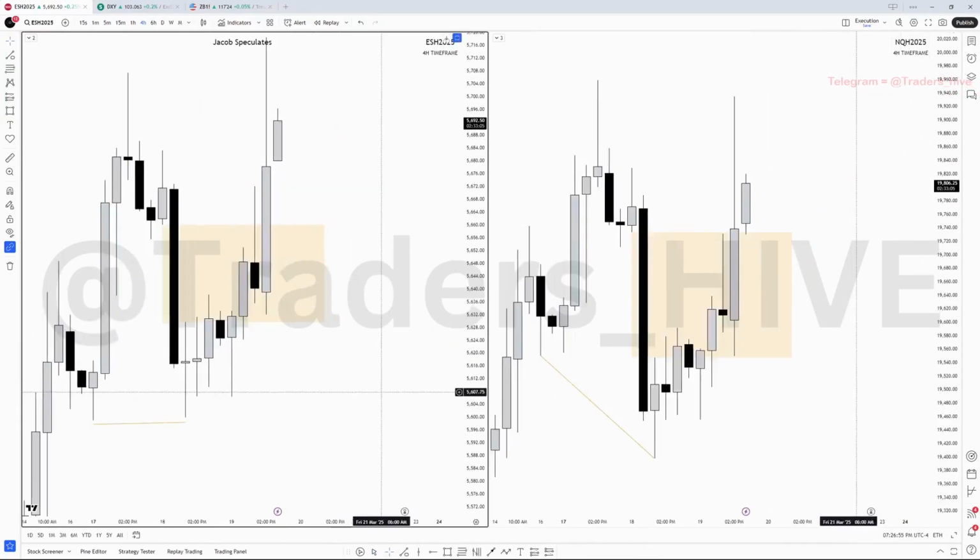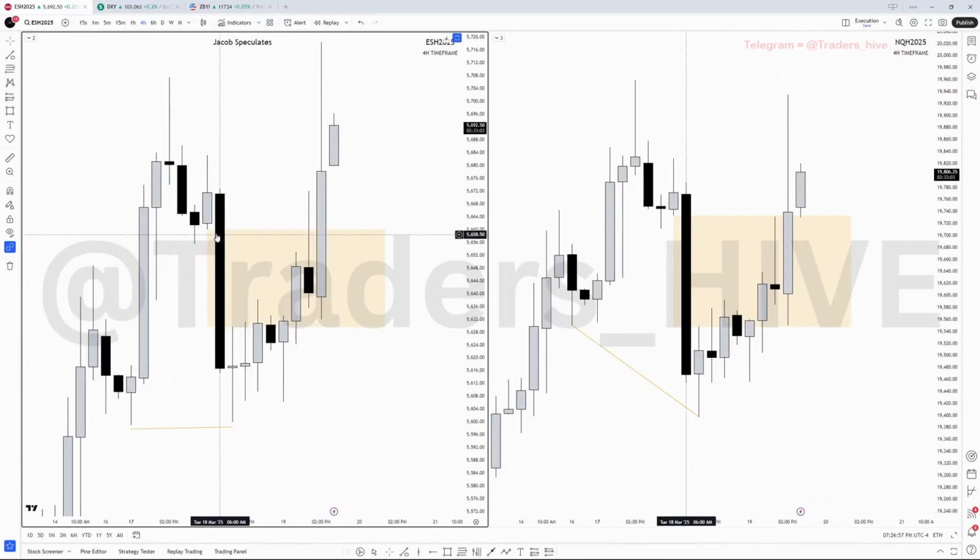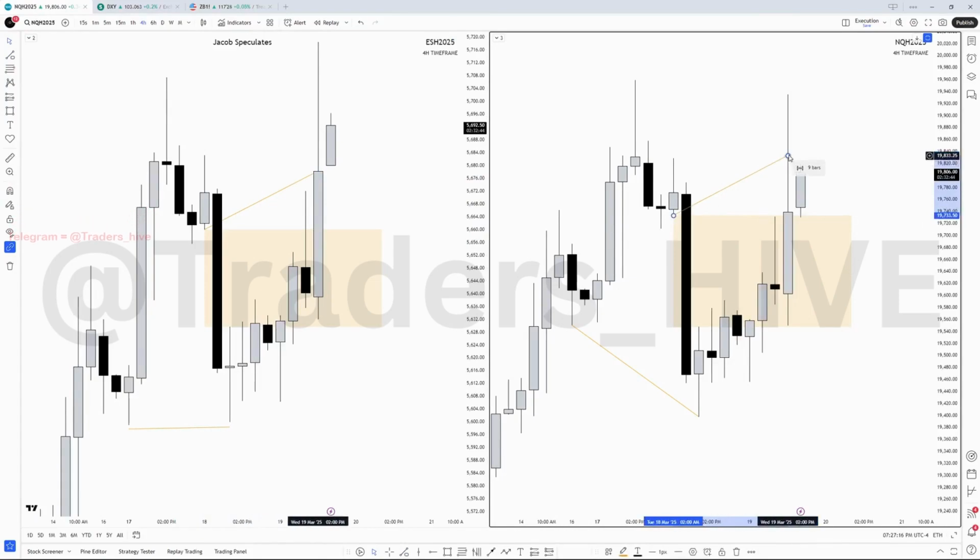In regards to looking at this gap right here, at this specific candle, notice where the S&P closed compared to the NASDAQ. What do I mean whenever I say every single candle is a cracking correlation?